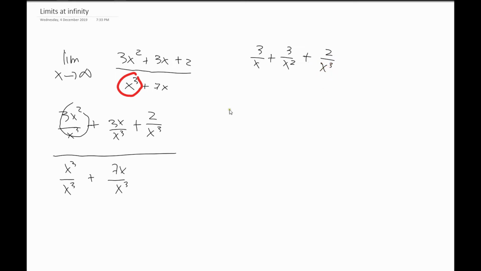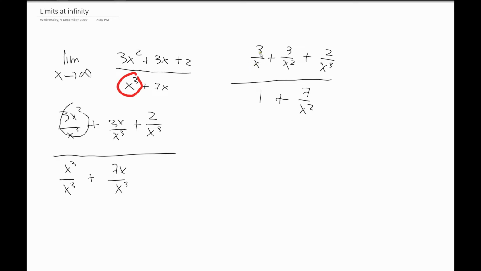And then all over, this will be 1 plus 7x over x cubed, which is 7 all over x squared. Okay, so let's try looking at this one first.